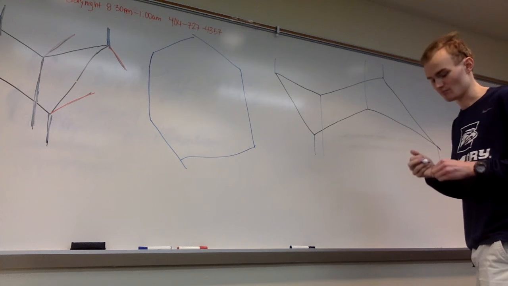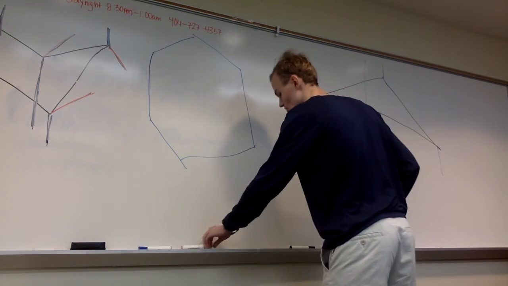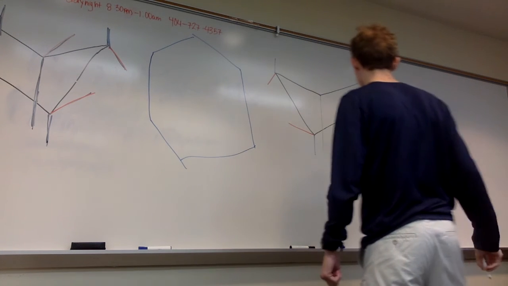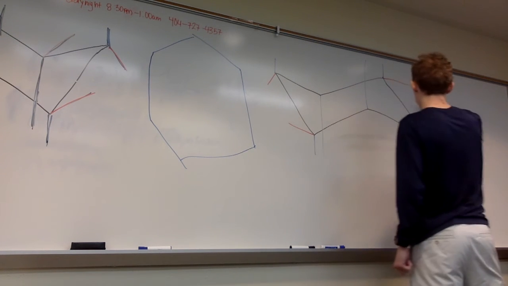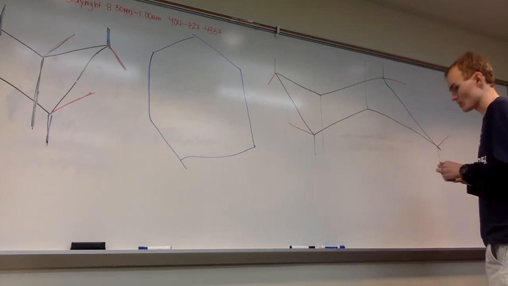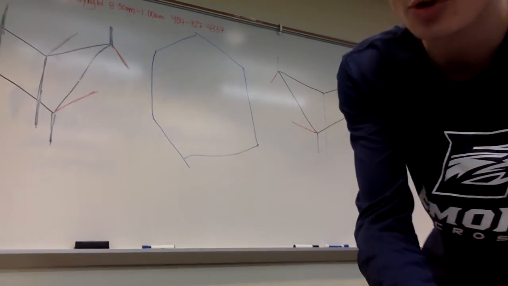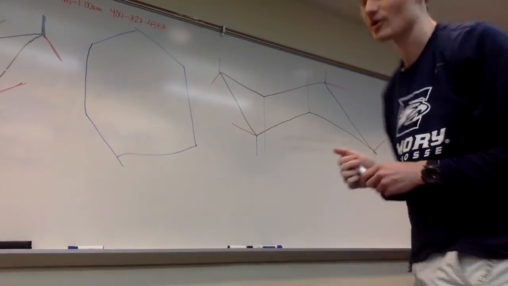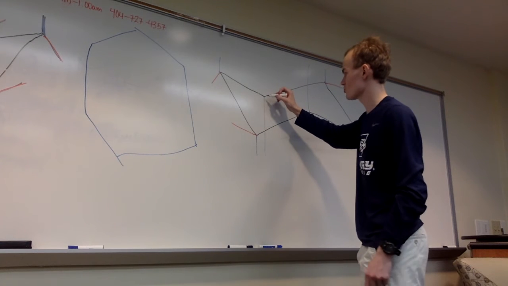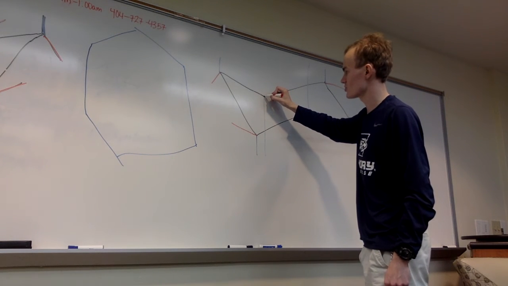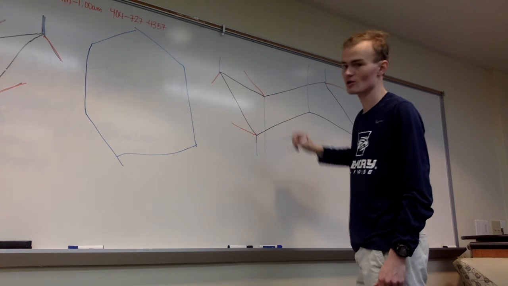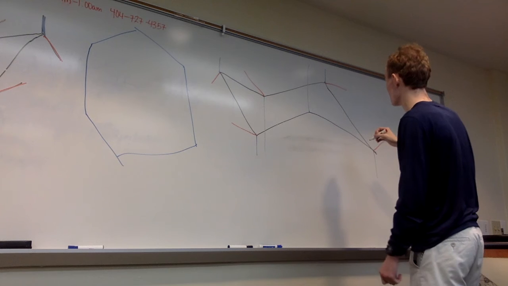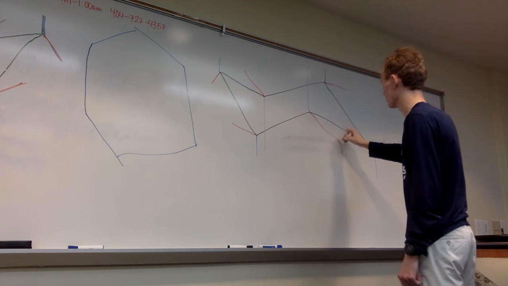Okay, and then for the equatorial, you have pinch in over here, pinch in over here, and then you have pinch in over here, and you have pinch in over here. Okay, and then actually I forgot some equatorial ones. So then this equatorial position substituent has to be parallel over here. Notice how this is parallel with this. Okay, and then this needs to be parallel with this.